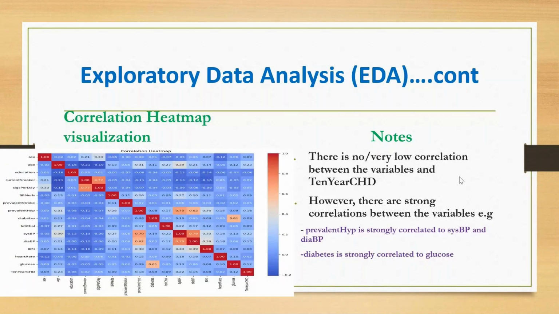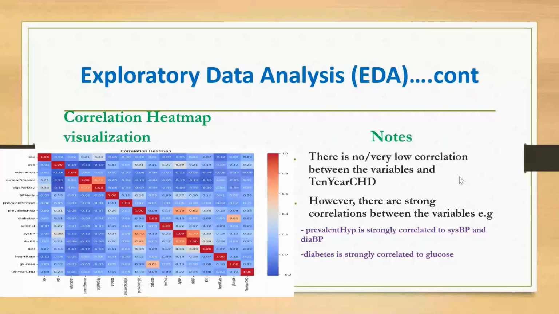On our correlation heat map, something interesting we noticed is that there are some variables which directly depend on each other. Our main target was the 10-year CHD, 10-year coronary heart disease, because that's where our prediction is headed. And you notice that the correlation is so low, or almost nothing.